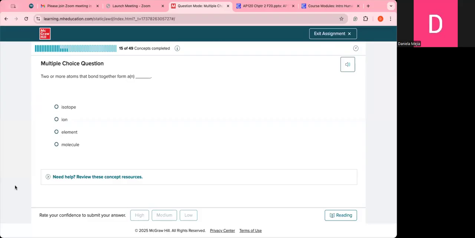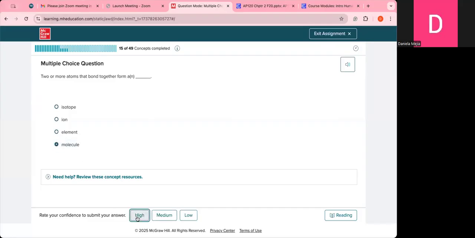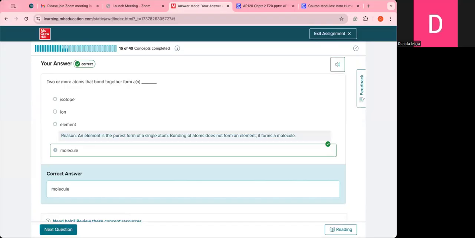Two or more atoms that bond together are called what? Would it be a molecule? They're molecules, right? Good job.